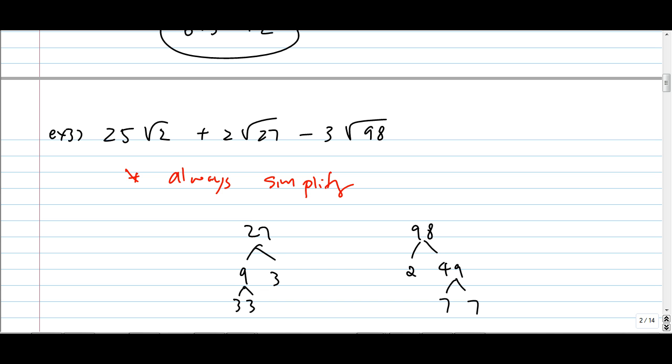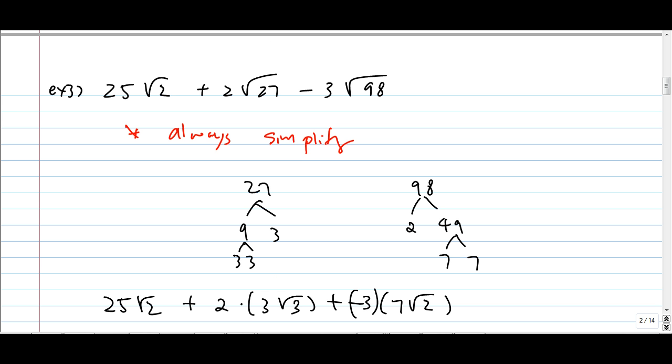Square root of 27 is 3 square root of 3. What is square root of 98? 7 square root of 2. You know that.